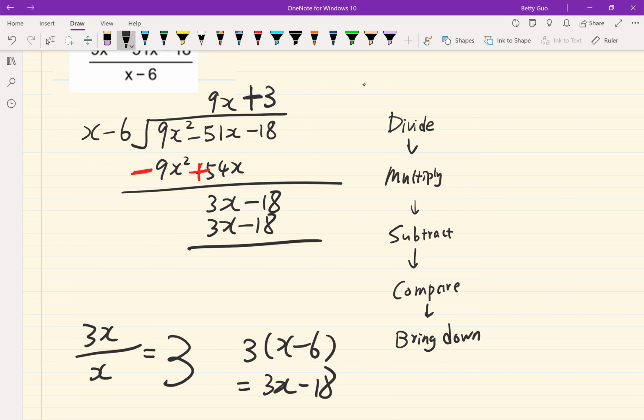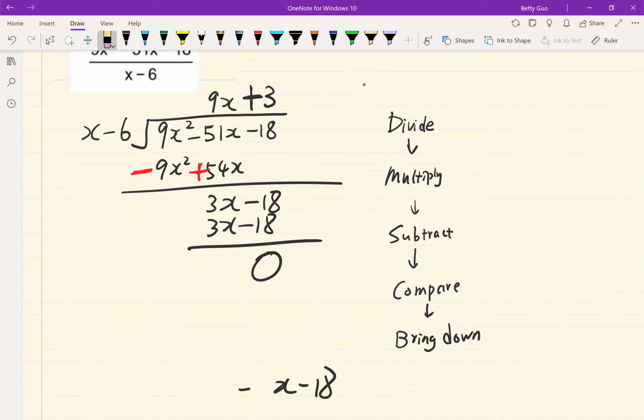You do not have to change the sign and add. Obviously, they are identical, right? Whatever the thing minus itself, you have 0. So here it is very obvious. The subtraction is 0, right? So in this case, the divisor goes into the dividend completely.